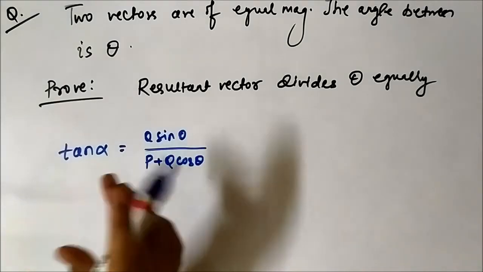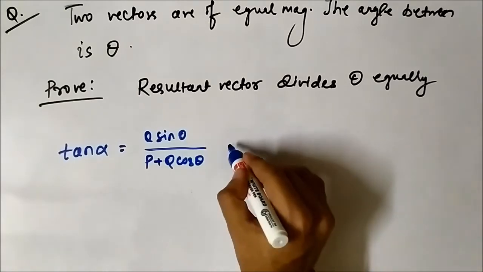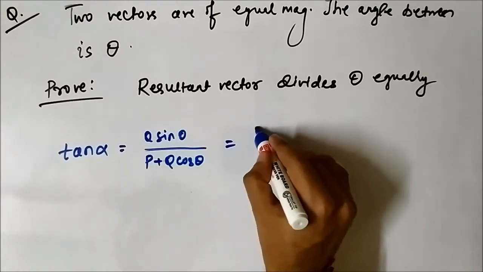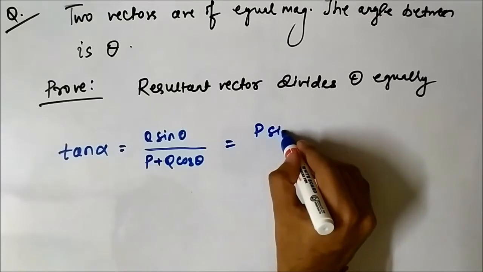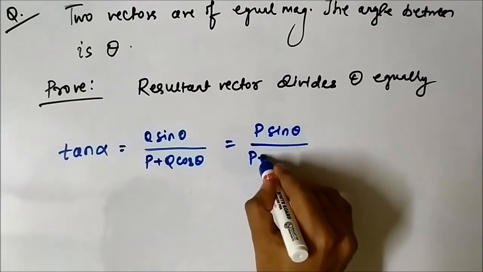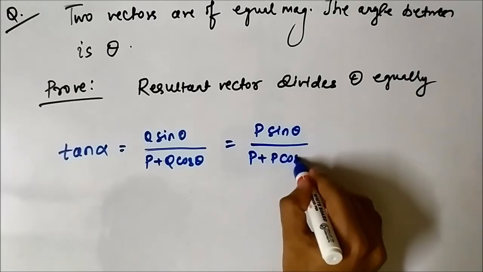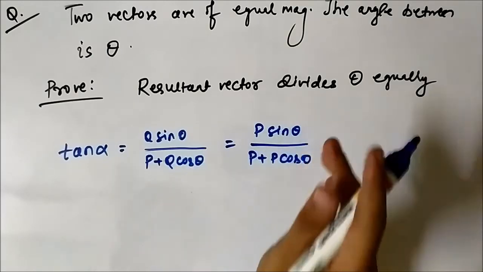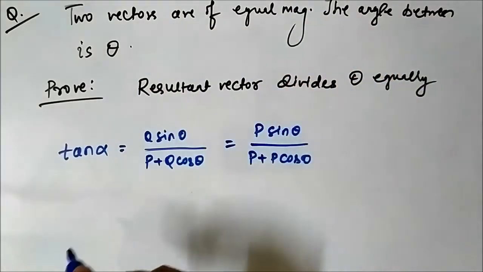Now here p is equal to q, so we can substitute q with p: p sine theta by p plus p cos theta. We substituted q with p because the two vectors are of equal magnitude.